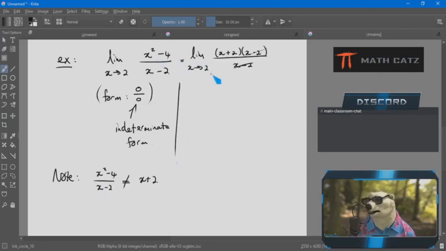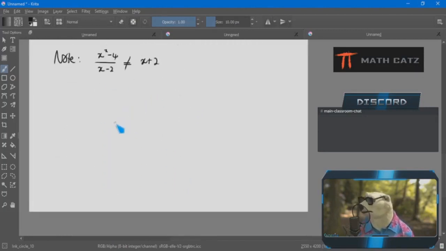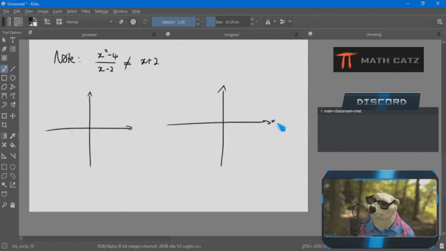However, that's not my question. My question is on behavior. So my question is, how do these behave when I'm not at x equal to 2? Well, they're going to behave exactly the same. And the only difference between these two, if I were to graph them, let's do this one over here, and let's do this one over here, is a very subtle technical difference.